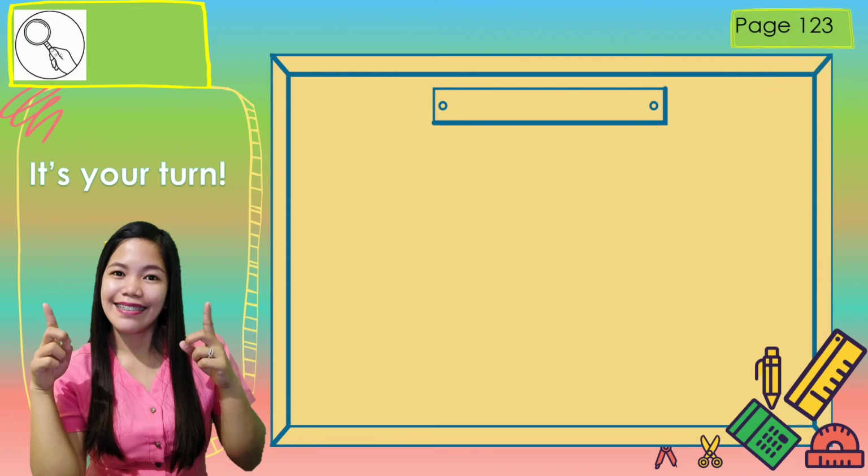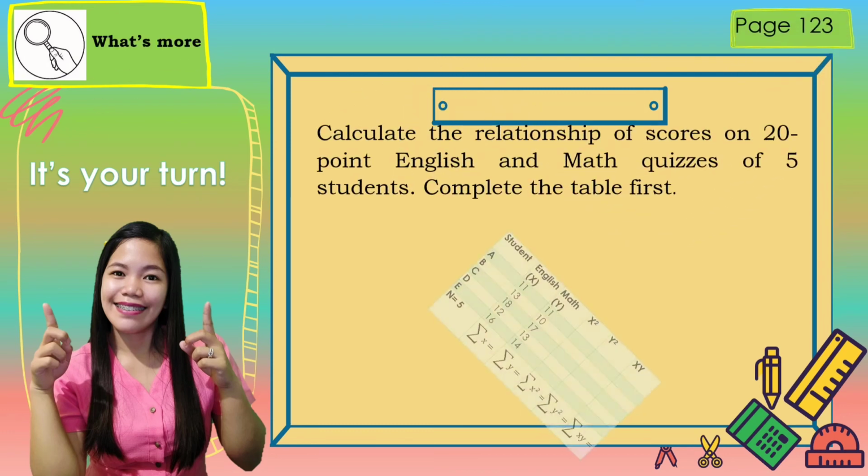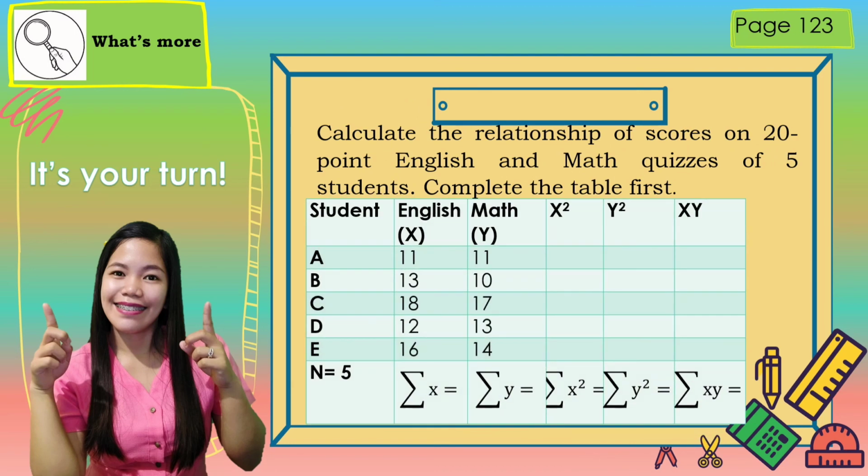Now, it's your turn on page 123. What's more, calculate the relationship of scores on 20-point English and math quizzes of 5 students. Complete the table first. We have the first column of students, the second column the English scores denoted by X, the third column the math scores denoted by Y, and complete the column of X squared, followed by the Y squared.